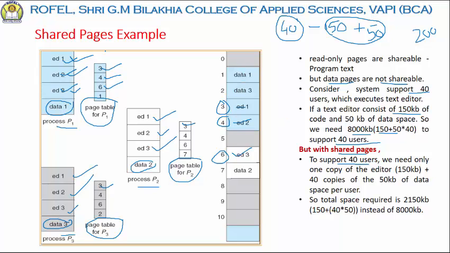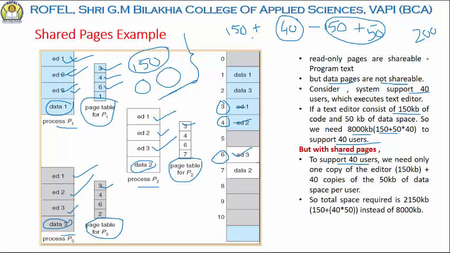When we are using sharing, editor 1, editor 2 and editor 3 need 150 KB for all. Process 1 needs 150, process 2 also needs 150 and process 3 also needs 150. So at the end it is shareable. So the copy of each editor is only one for 40 users.